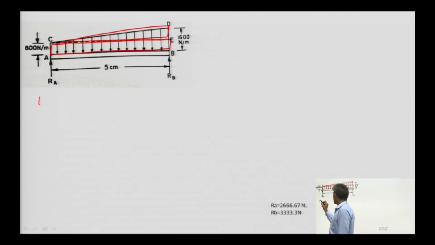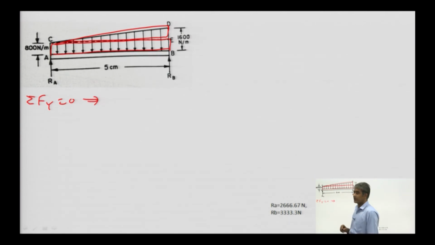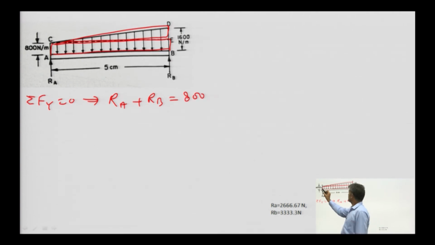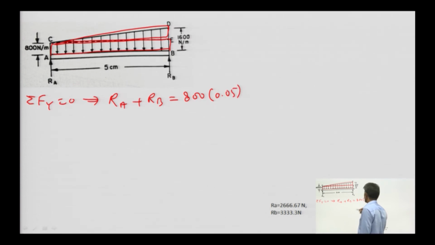Apply the equilibrium equation, sigma Fy equals 0. By applying this equation, we will get RA plus RB equal to, I am writing directly, 800 into 5 centimeter, which is 0.05, plus another one, whose intensity is 16.